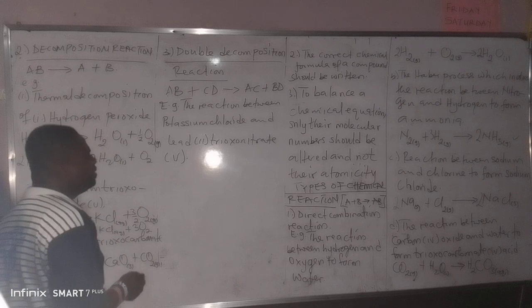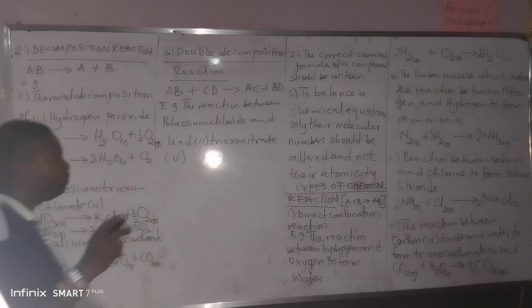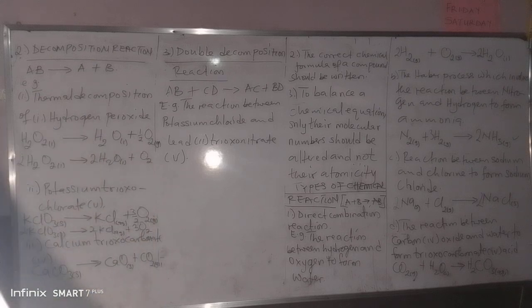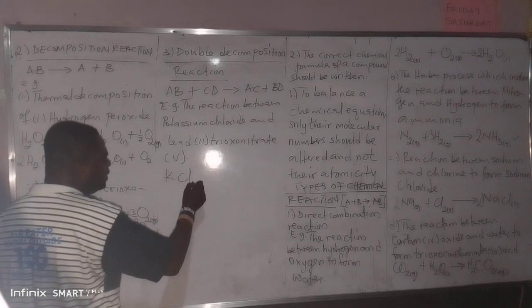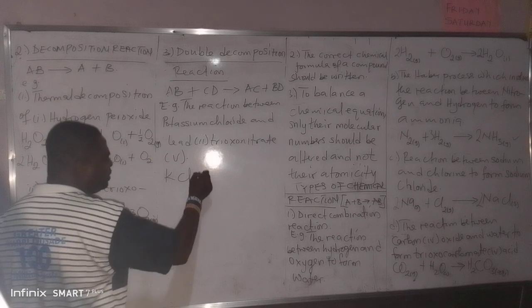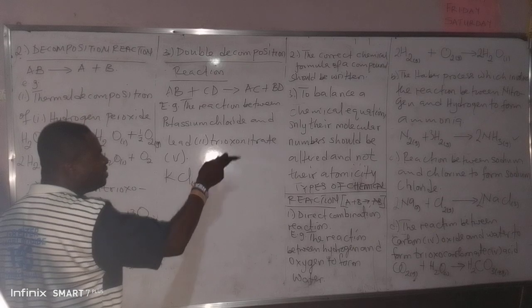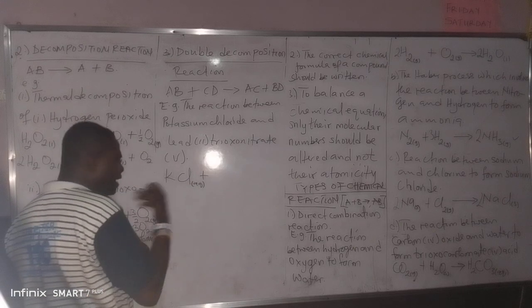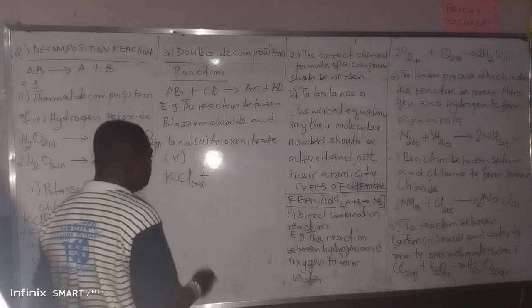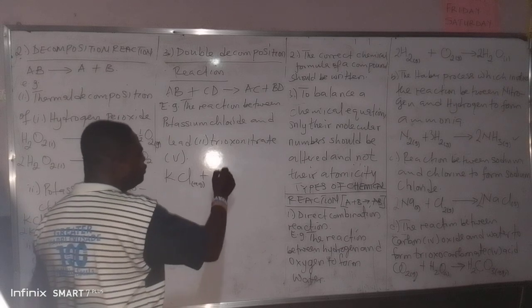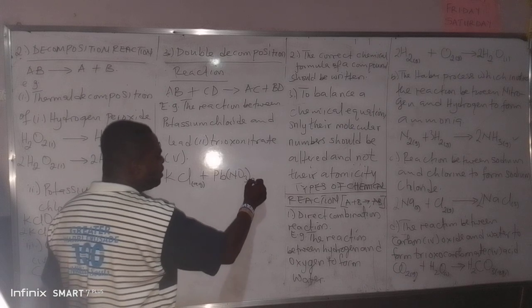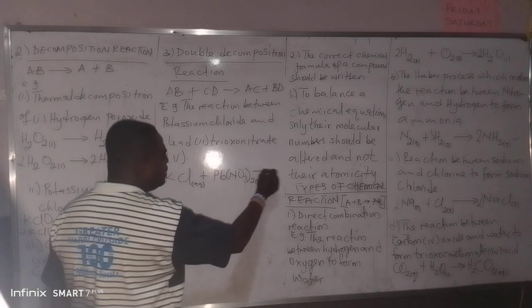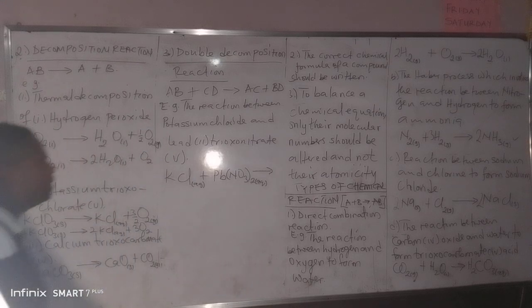You can visit our previous videos on compounds to know how to write the formula. Potassium chloride is KCl and it is aqueous, it can dissolve in water. All these aqueous symbols are not compulsory. As time goes by, you begin to know why we are putting them. So plus lead 2 trioxonitrate 5. Visit our video where we talk about compounds and see how we got the formula for Pb(NO3)2.